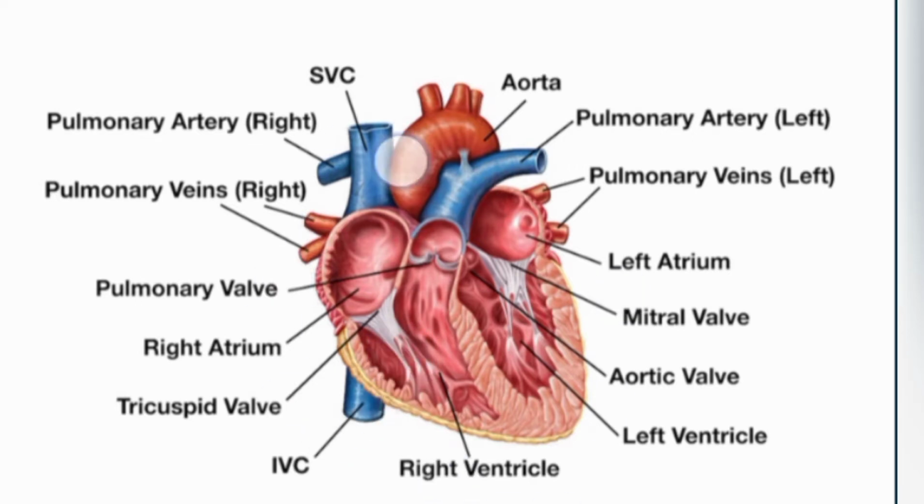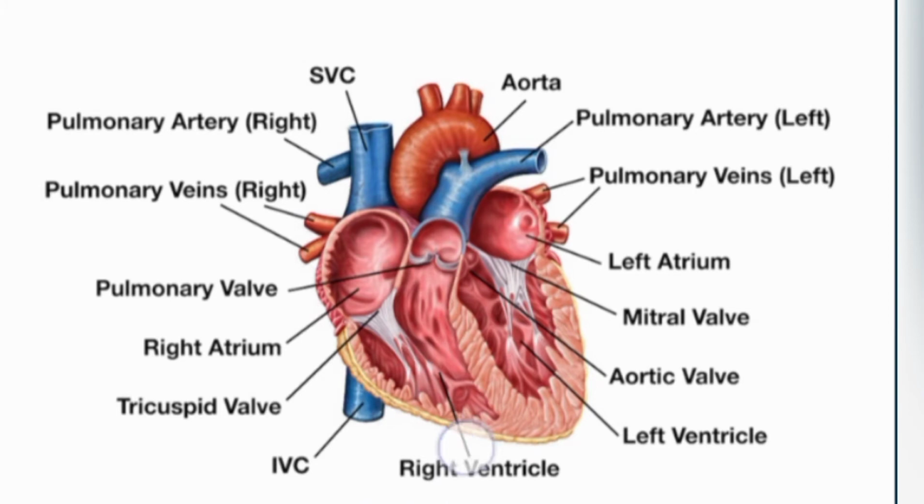Now, the right atrium receives deoxygenated blood through the superior and the inferior vena cava. The right atrium contracts. I hope you know the meaning of contraction. It contracts, and the deoxygenated blood is pumped into the right ventricle. Suppose you have a balloon and you squeeze it, the water will flow out of the balloon, right?